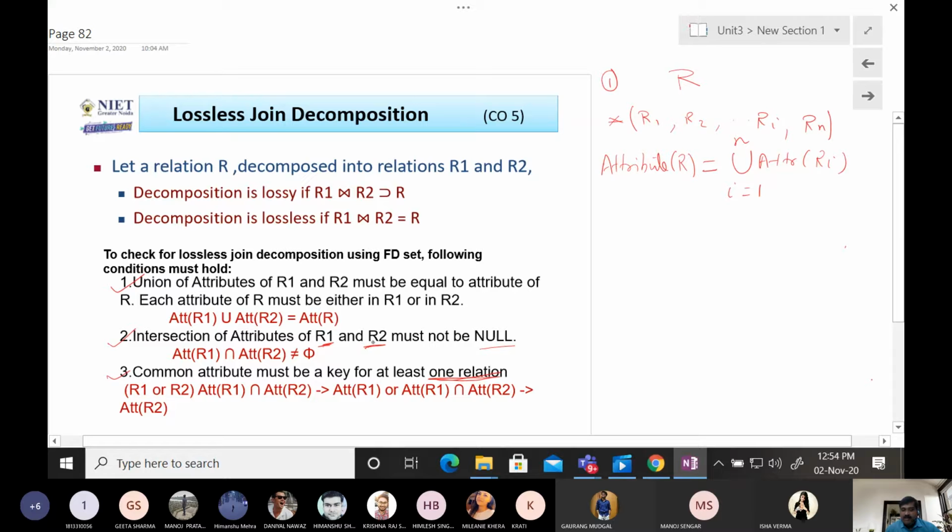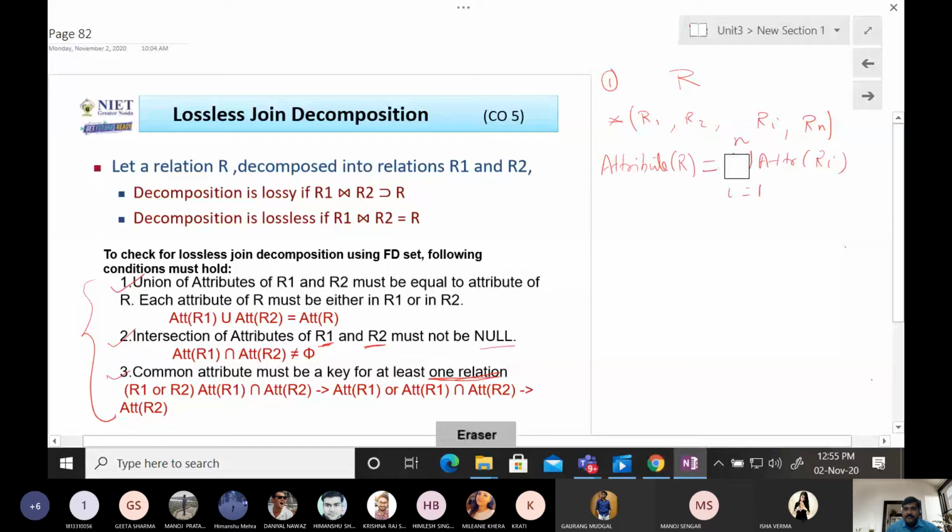If that common attribute is a candidate key in both relations or in n subschemas, then well and good, but it must be a candidate key for at least one relation. Did you get it? These are the mandatory conditions of lossless decomposition.